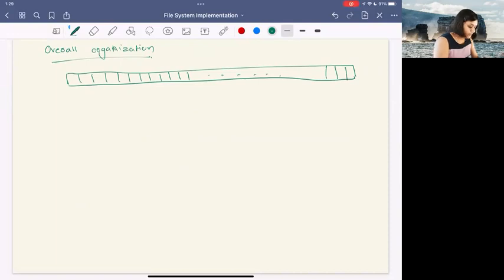And if this entire disk is divided into blocks of same size, let's assume that size of each of our block is 4 KB. And if we have a 256 kilobyte disk, then definitely we have 64 blocks.